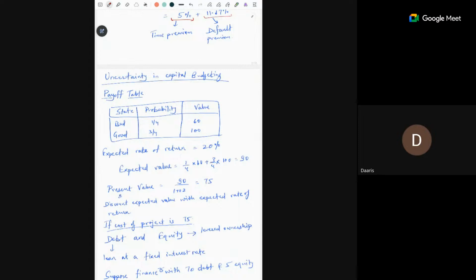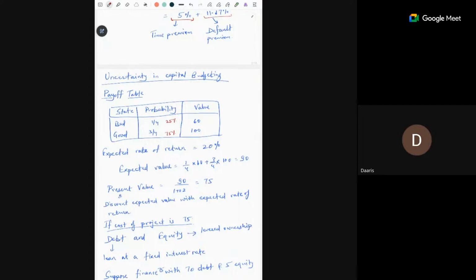It says there are two possible states. There may be multiple, three, four, five states possible, but we are taking an example of two: a bad state and a good state. The bad state happens with 1 by 4, or 25% probability. The good state happens with 75% probability.